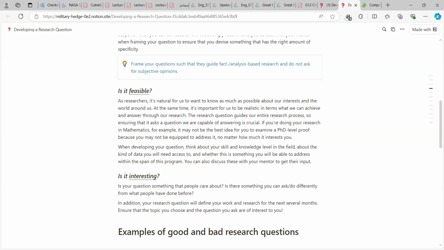When developing your research question, think about your skill and knowledge level in the field, the kind of data you will need to access, and whether this is something you will be able to address within the span of this program. You can also discuss this with your mentor to get their input.